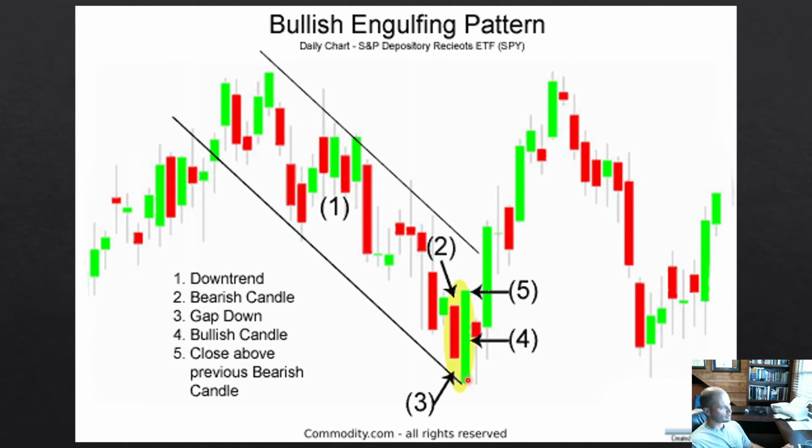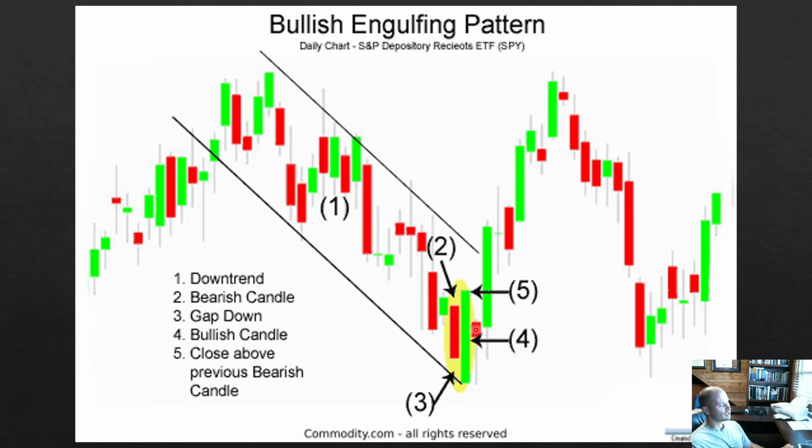And during that day, what is that, a daily chart? Yeah, during that day we pushed all the way up here. This is your high and your close up here. That whole body of that candle engulfs this one. You see, that's a bullish sign.